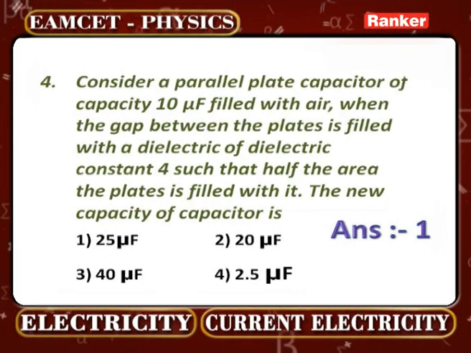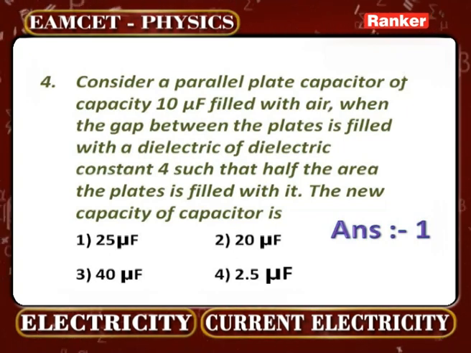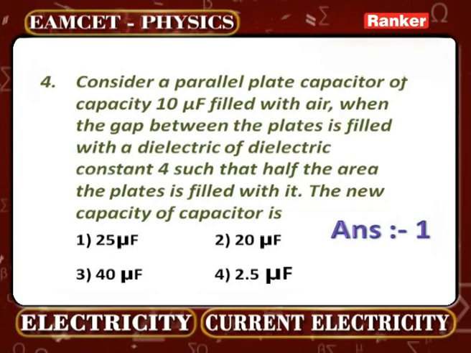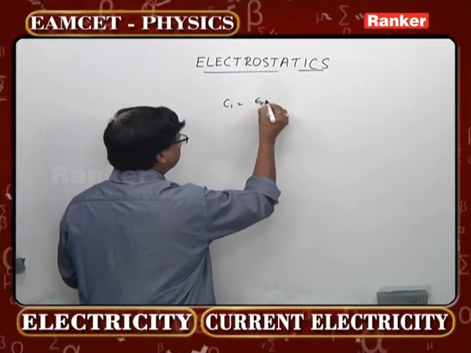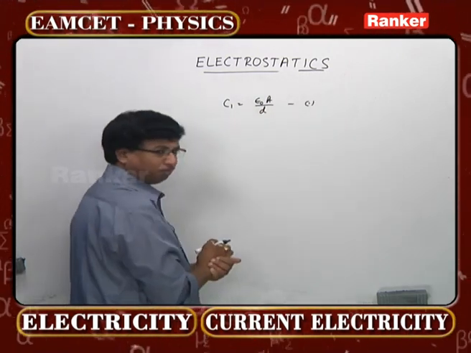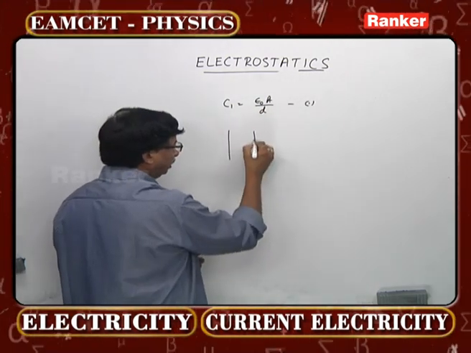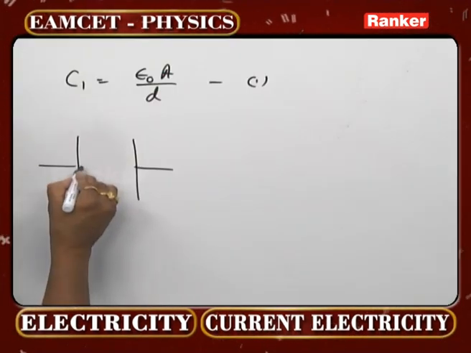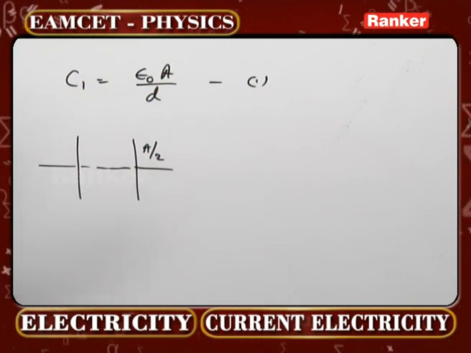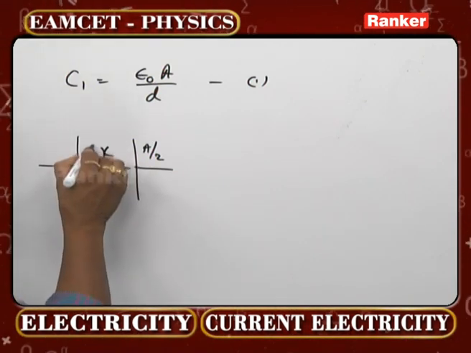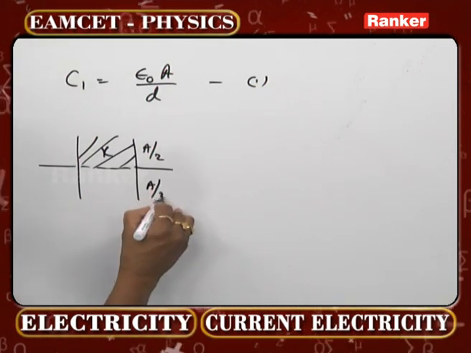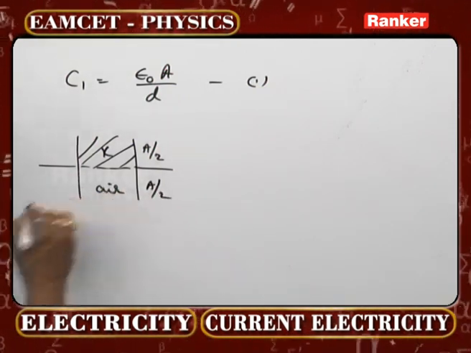That is the concept. Look at first, when air is taken up between the plates of the condenser, one should understand C1 is equal to epsilon naught A by D. That is actually the equation. But now what he is talking about, this is the condenser. Half of this area is now covered with a dielectric of constant K, which is given as 4. Now remaining half, what do you have here? You are having air here.